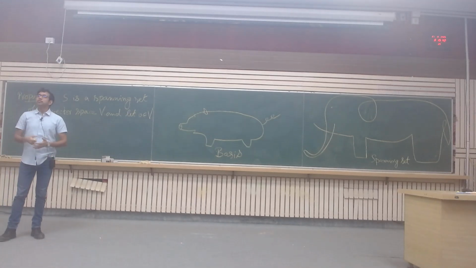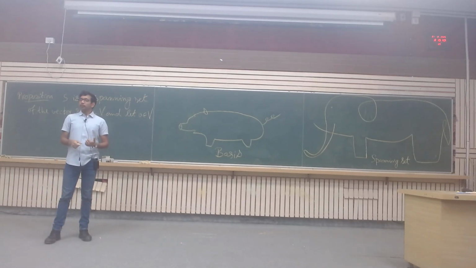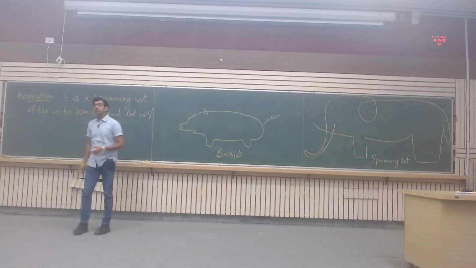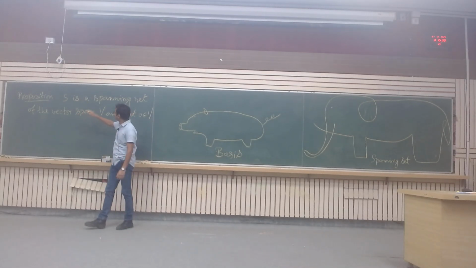Could you just remember what are the properties that a basis must satisfy? Linearly independent, order. Right, very good. So since we are talking about ordered sets, let's start with an ordered set already. Okay. So suppose S is an ordered spanning set.